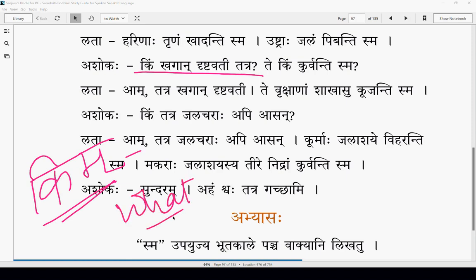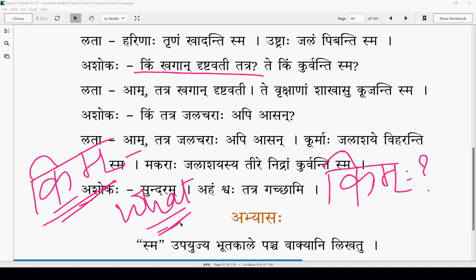Kim in visheshana form means what or which. It takes three forms, in pullinga, strilinga, napunsakalinga, and in all the vibhakti forms and vachanam.